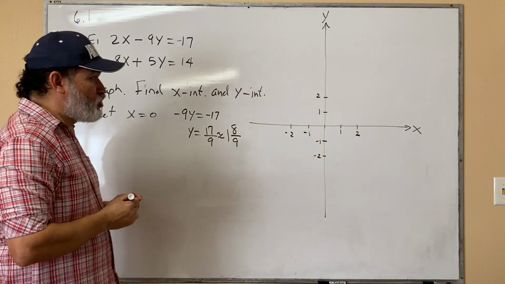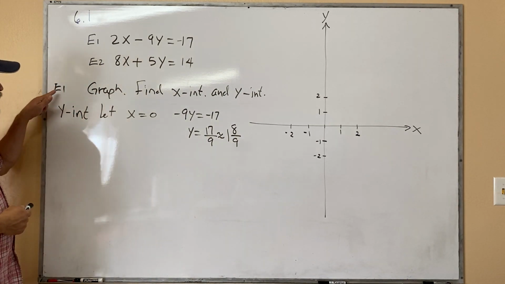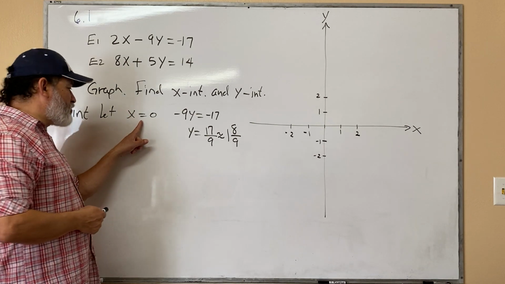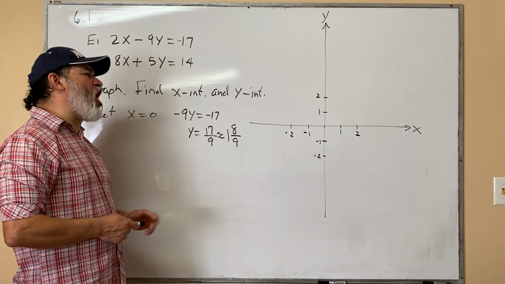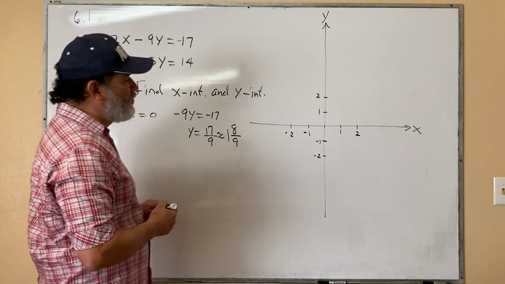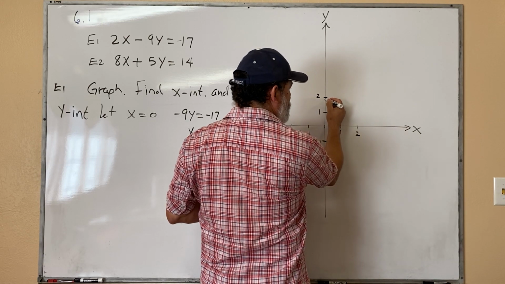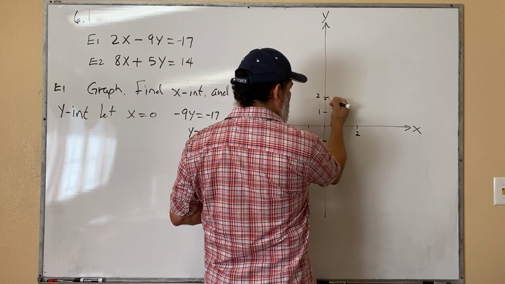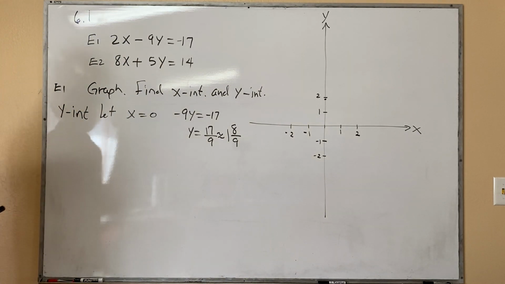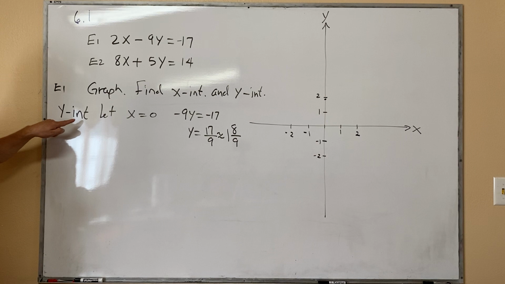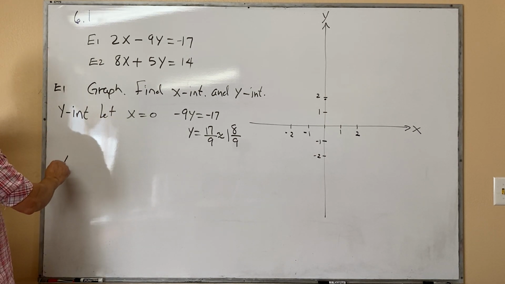So in graphing equation 1, when x is 0, y is 1 and 8/9, almost 2. We call this the Y-intercept. For equation 1, we just found the Y-intercept. Let's find the X-intercept.